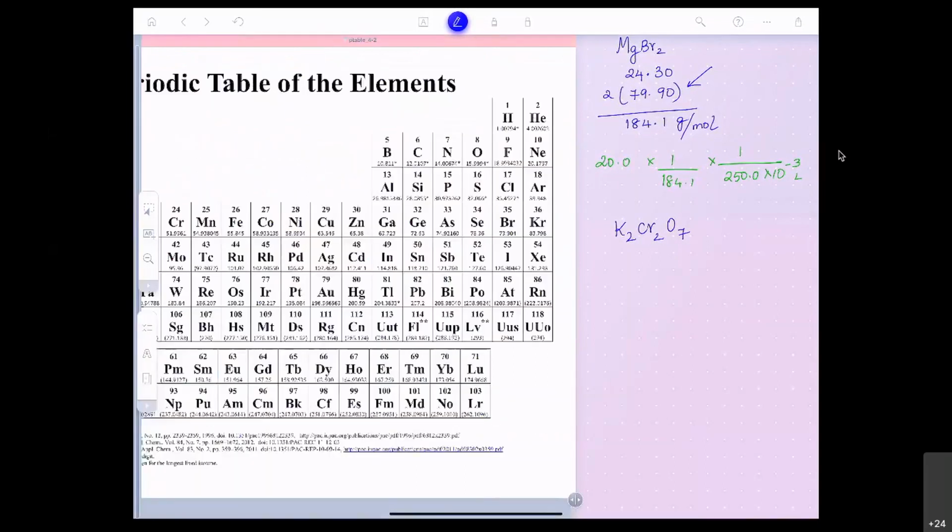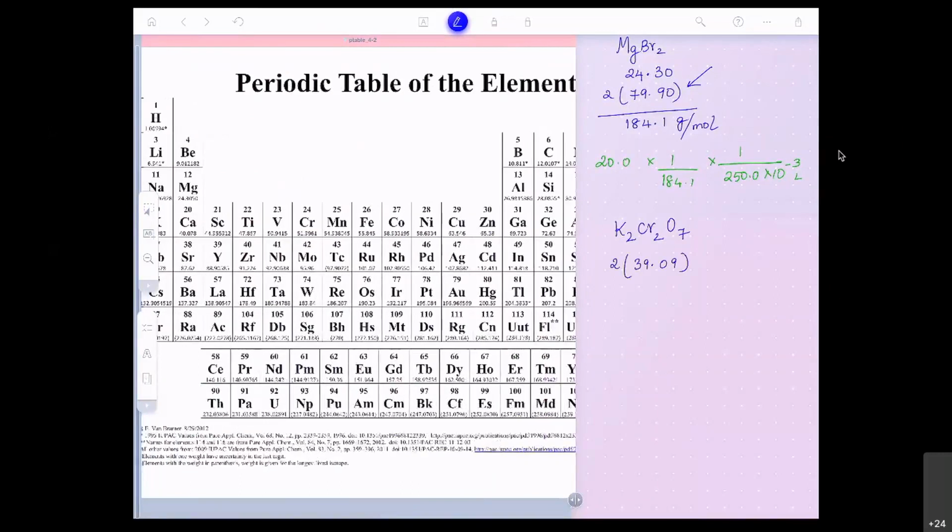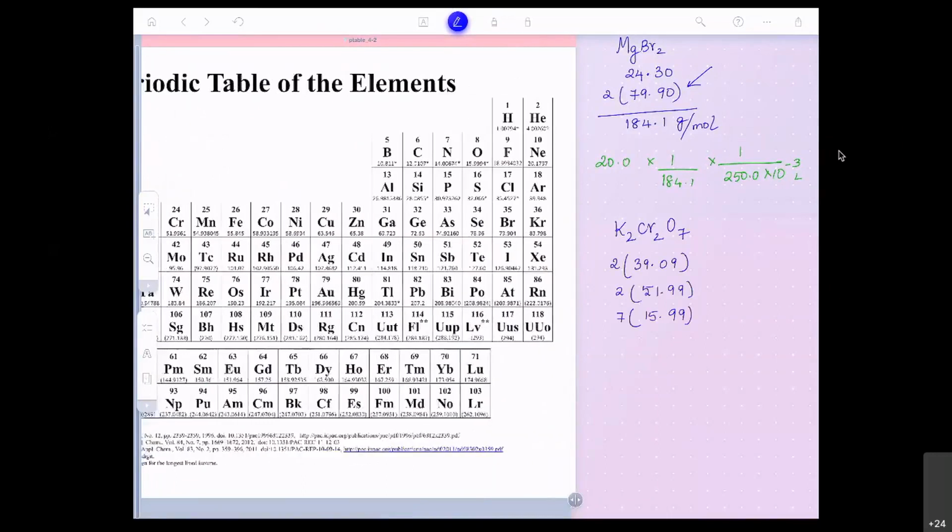So let's go to the periodic table and start there. Potassium is going to be 2 times 39.09. I'm not rounding off, so no need to worry about it. Chromium is 51.99. Oxygen is 15.99, and if you wrote it as 16, it will be all good. So get the molar mass of this and the sum of that. Please do this calculation, because that way you can check what I'm doing as well.